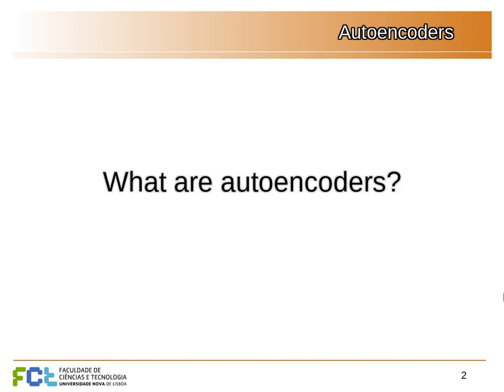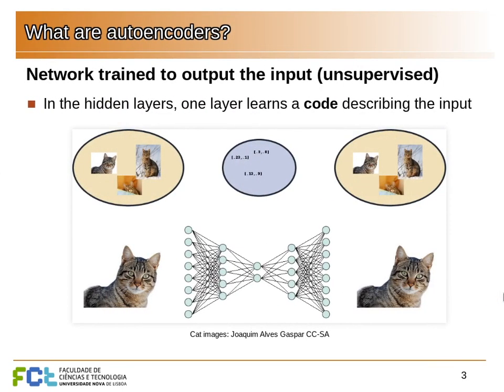So before going into more details, just to give you the general idea. An autoencoder is a network that is trained to output the same thing that we input. So as long as you have data, you don't need labels, you can train the autoencoder. And the idea is that the network is going to transform the data into different representations inside the layers.